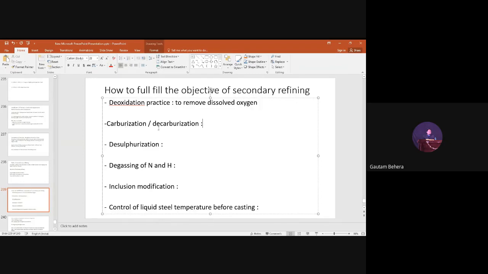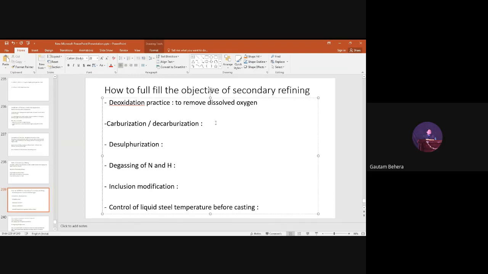Then carburization, decarburization. Suppose during the primary steel making process, the carbon goes to a very low level, but the customer demand is a particular carbon level. So what can we do? Carburization. That means we will intentionally add carbon into the steel to increase the carbon weight percentage. And decarburization.